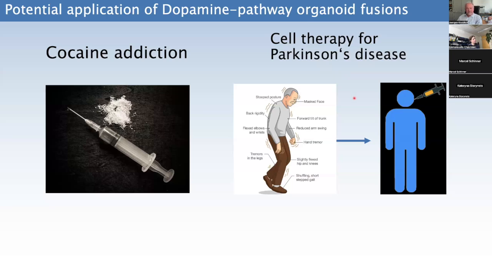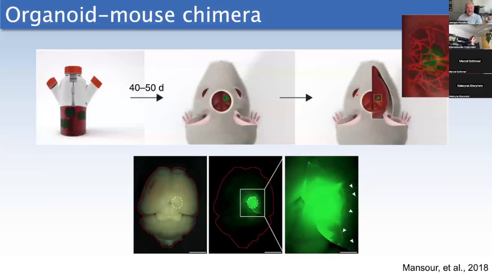So I've shown you that organoids can be used to generate assembloids, to look at neural migration, to model neural network activity, but also to recapitulate entire neuronal circuits. The final thing that I wanted to show you is that organoids in vitro reach a certain degree of maturity, but they have no blood vessels and they have no immune system.